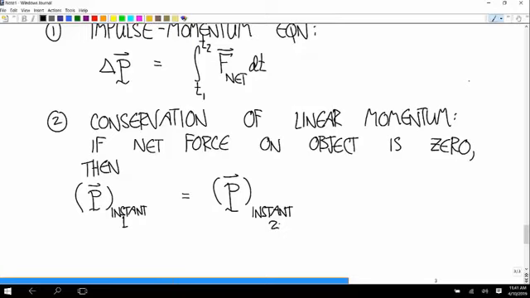Okay, so conservation means stays the same. So if there's no net force acting on the object, the linear momentum of the object stays the same.